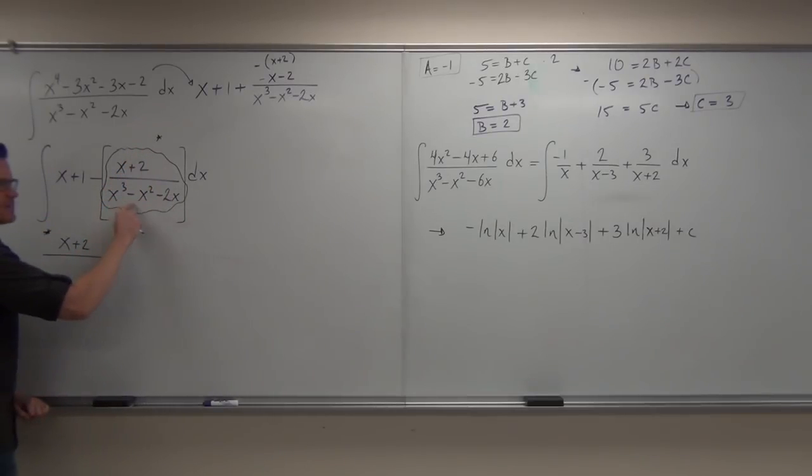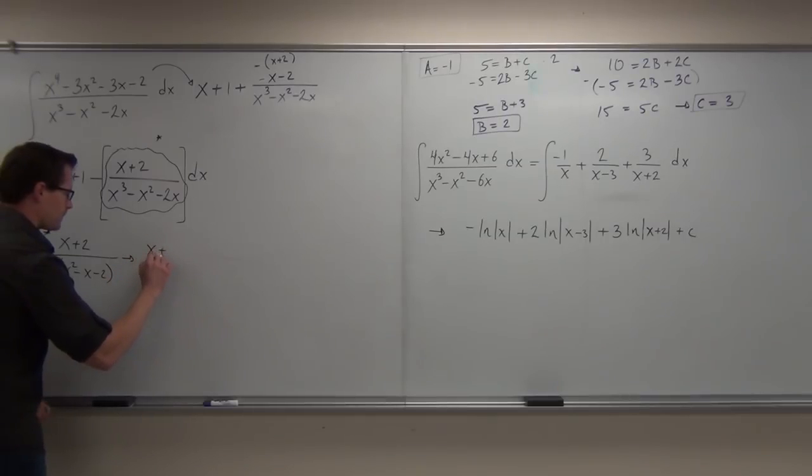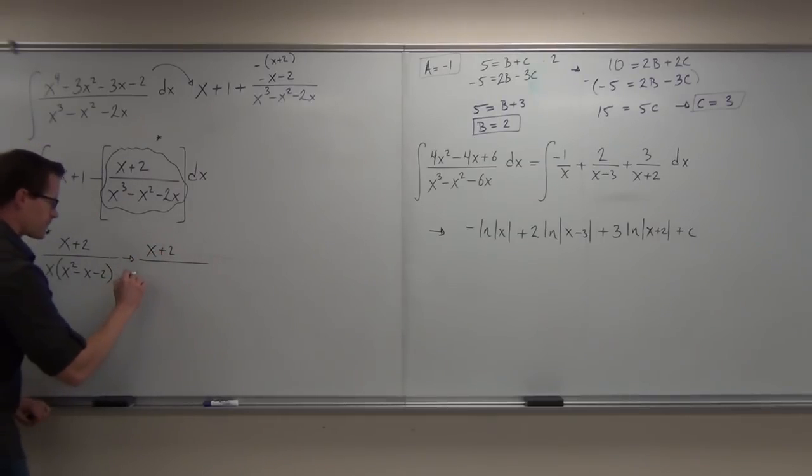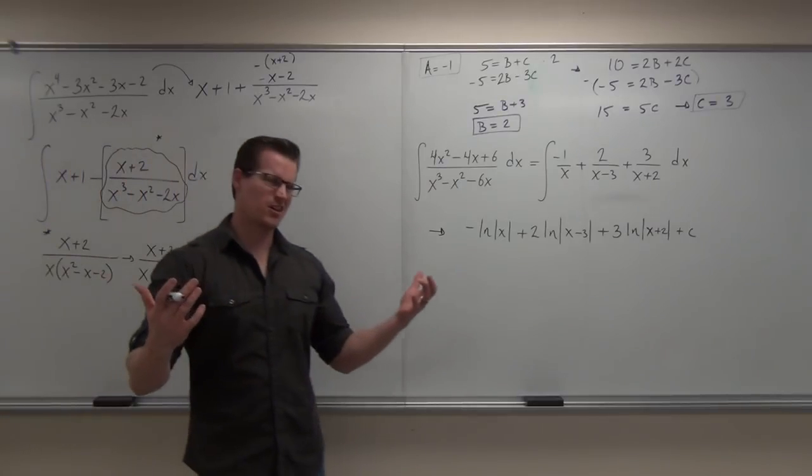At the same time, maybe we can factor this guy. Let's factor this. What factors out of x cubed minus x squared minus 2x? If we got that, we got x squared minus x minus 2. Can I go further? Yes. Remember, you don't just factor once and say, I'm probably good.